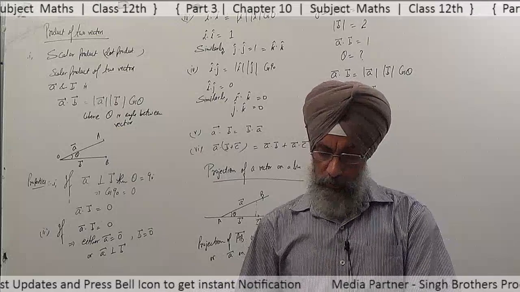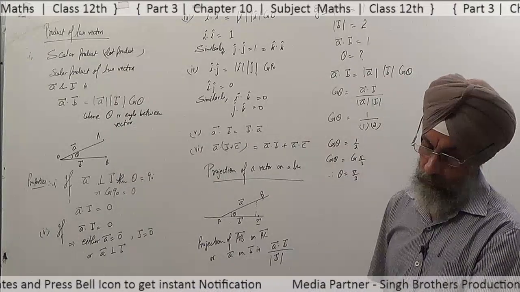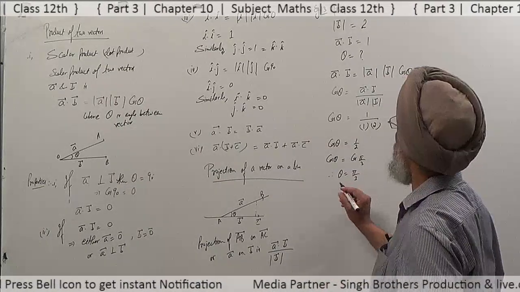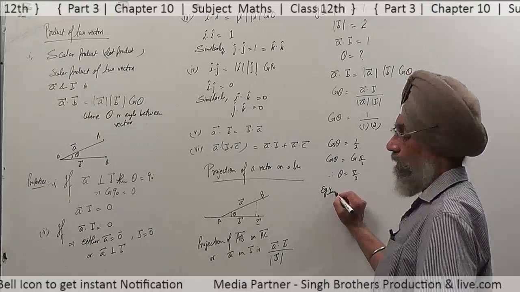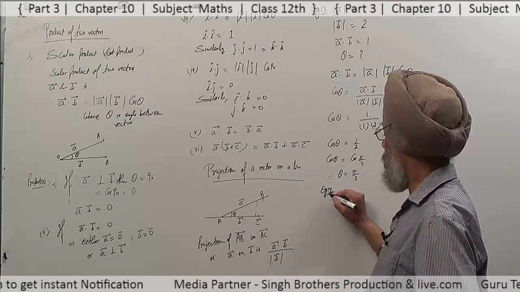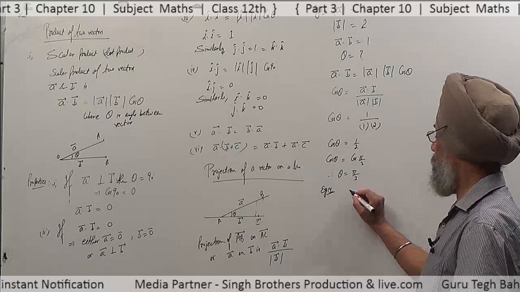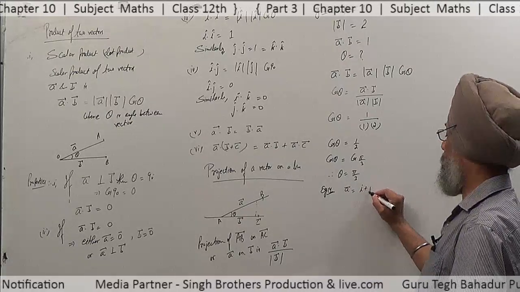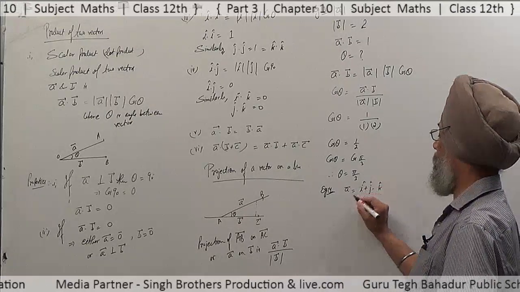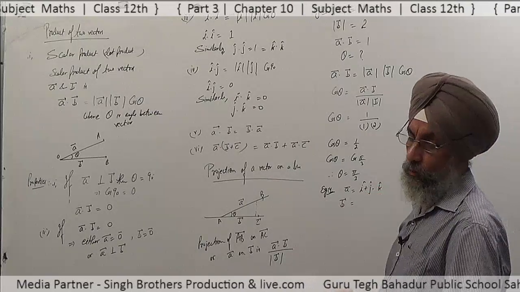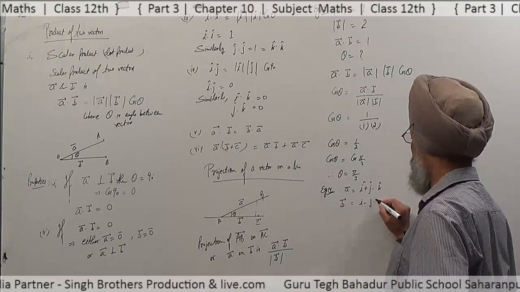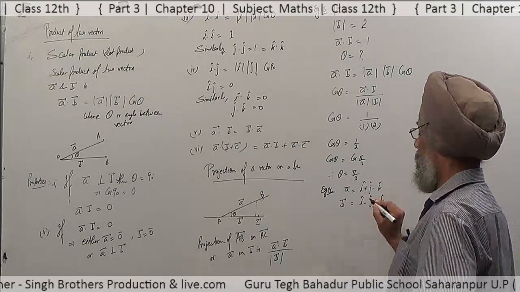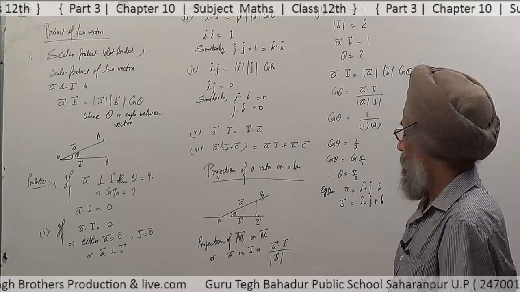In the same way, if we take example 14, the vectors are given in component form, that is vector A is equal to i plus j minus k, vector B is equal to i minus j plus k. Let theta be the angle between them.